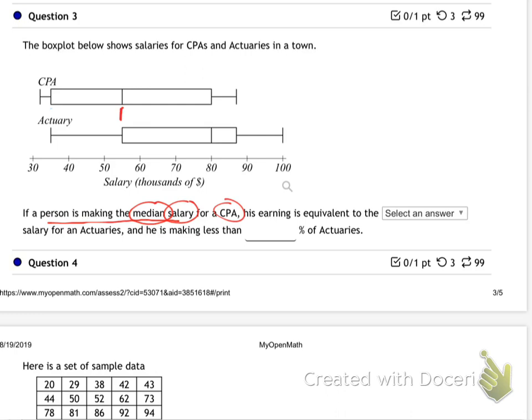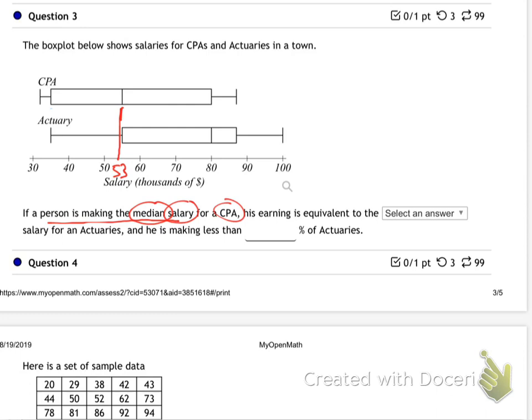That's right here, which is somewhere between 50 and 60. Maybe 53 or whatever. I'm just guessing. Just get a ballpark figure. So if somebody's making the average salary for a CPA, median, which looks like it's about $53,000, his earning is equivalent to what for an actuary?